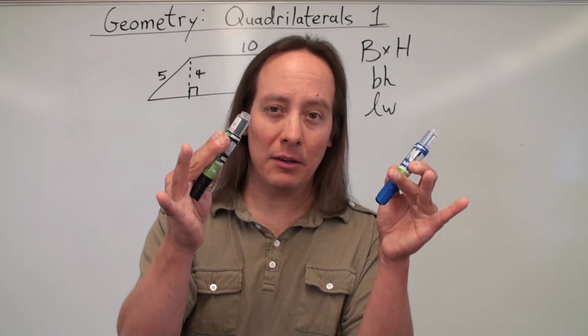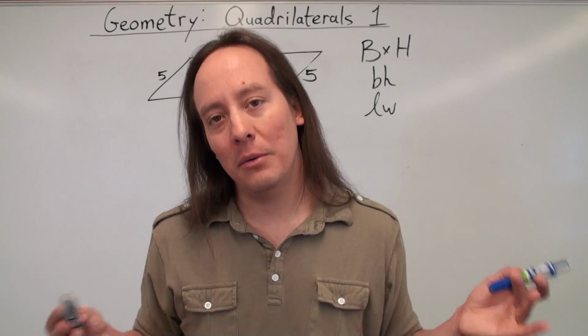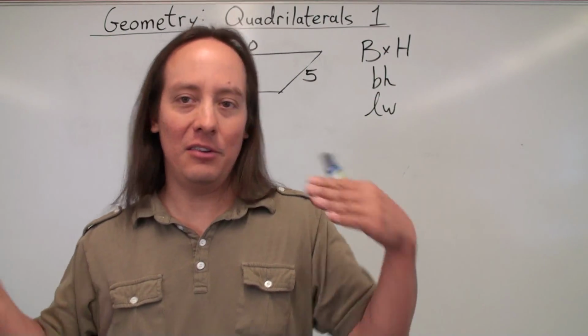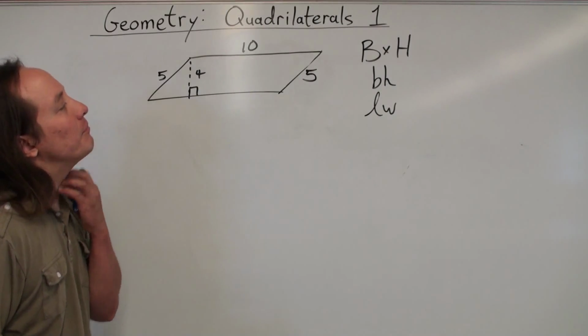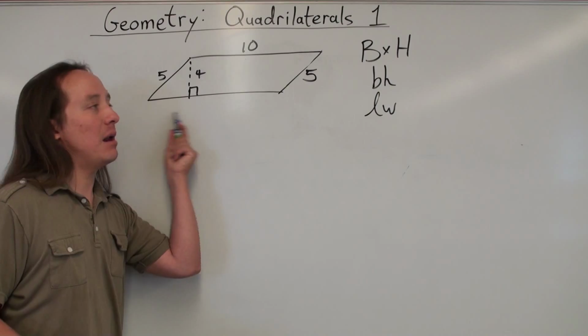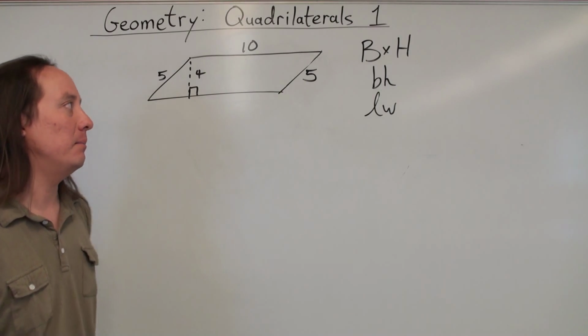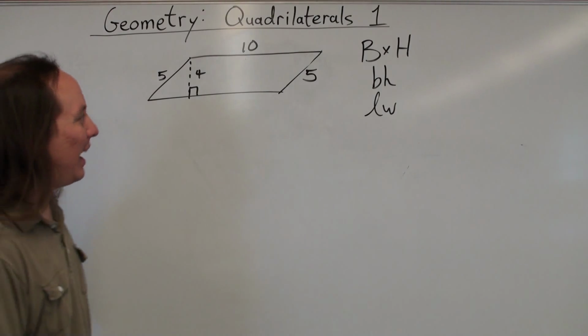Same thing with the parallelogram. The top measures the same as the bottom. Because you can imagine it was a rectangle and it just got blown over by the wind or something, okay? So that tells me that this measures 10 on top, the bottom will also measure the same, 10, okay? Height, what's the height?